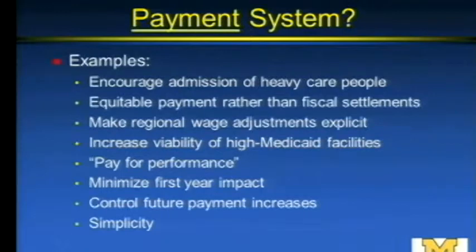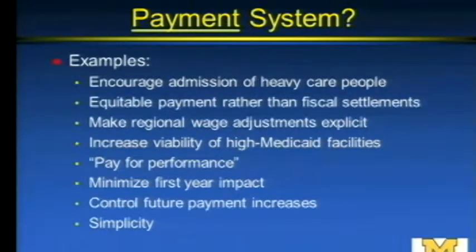Do you want to make sure that high Medicaid facilities are viable and make sure the system doesn't harm those people? Do you want to pay for performance? I think you've agreed that you do want to think about that in terms of paying for different quality measures. Do you want to design the system in such a way that it minimizes first-year impact?